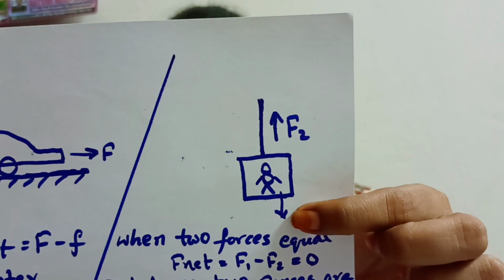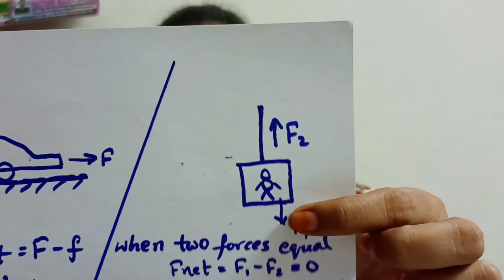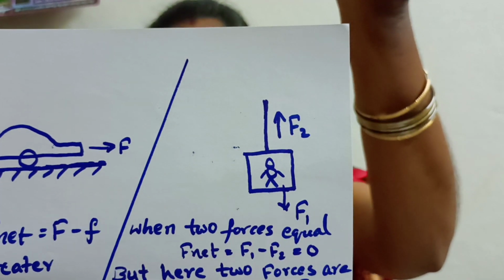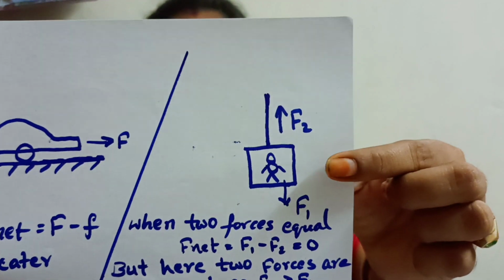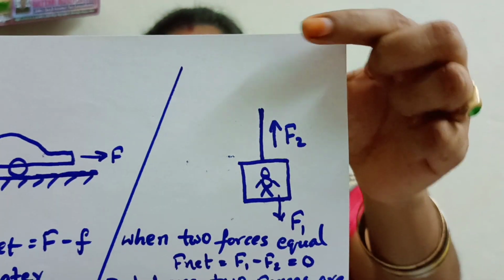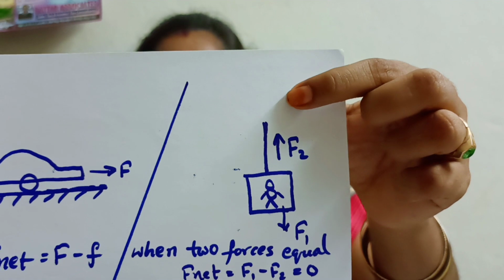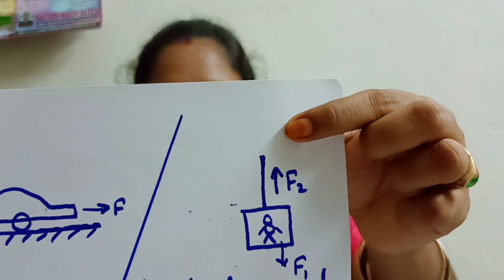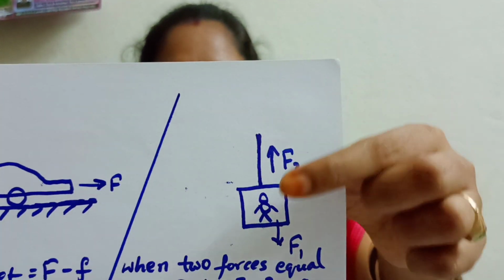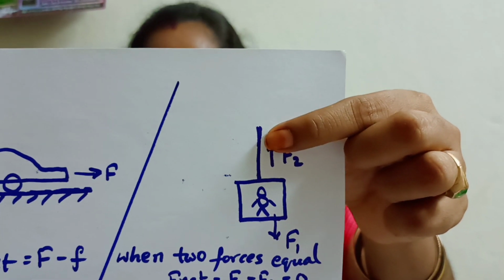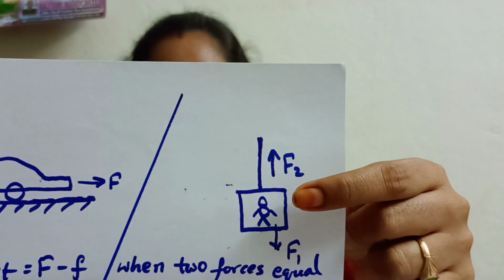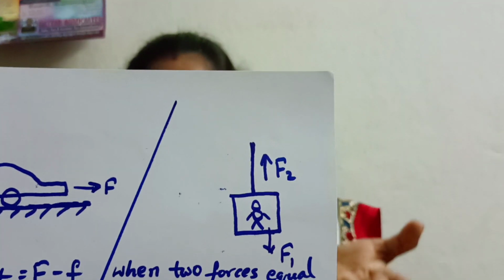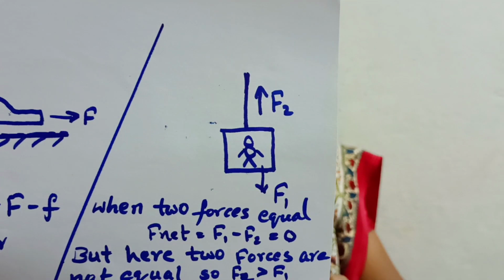But it is not falling. It is moving up. Why is it moving up? Because of the force applied by the lift machine. The machine makes the lift go up, so that force acts in the upward direction.